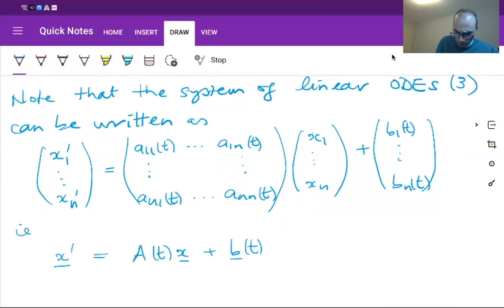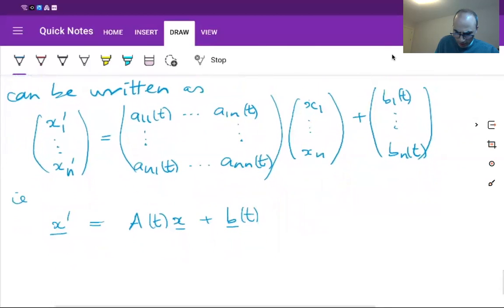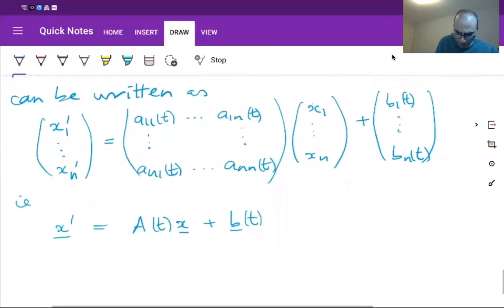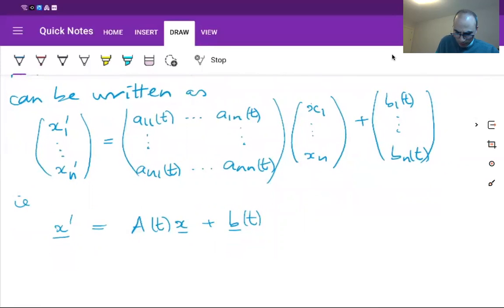We'll discuss what this actually means, but we've written our system of equations as a single equation. This is a matrix equation, and it looks very much like a linear first order equation. We're going to use methods of linear algebra to derive a solution.